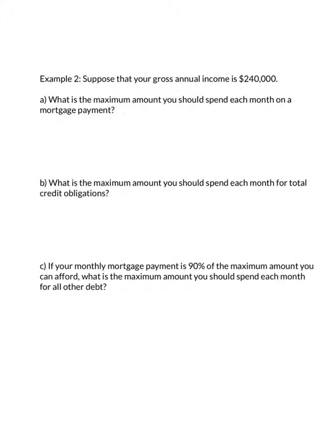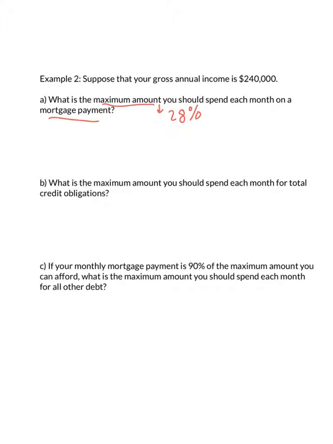But focusing on A for starters, whenever it asks you the maximum amount you should spend on a mortgage payment, they want you to use that 28% rule, which we discussed in the previous video, part 1 of the section 8.7 video, which says that according to most financial advisors, people can afford to spend up to 28% of their adjusted gross on a house payment.